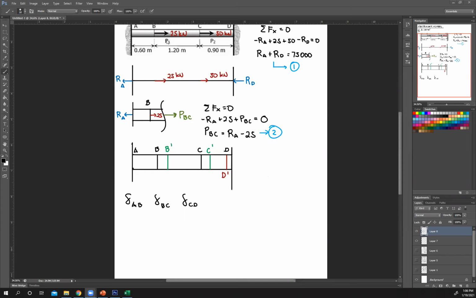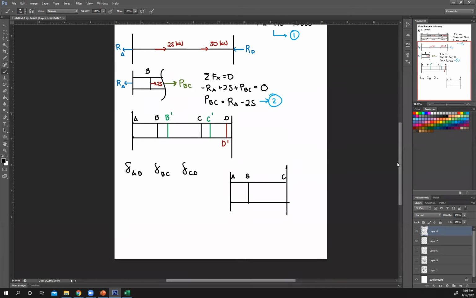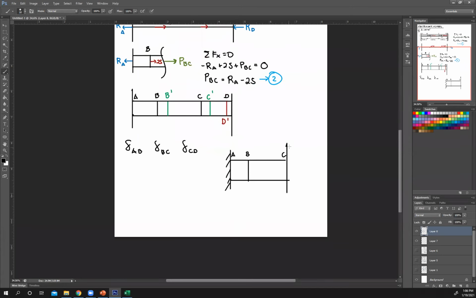Let me give you a clue. Let's do a simpler analysis. You have just two segments, and they're both restricted. Let's say section AB is elongating. Therefore, section BC should compress.